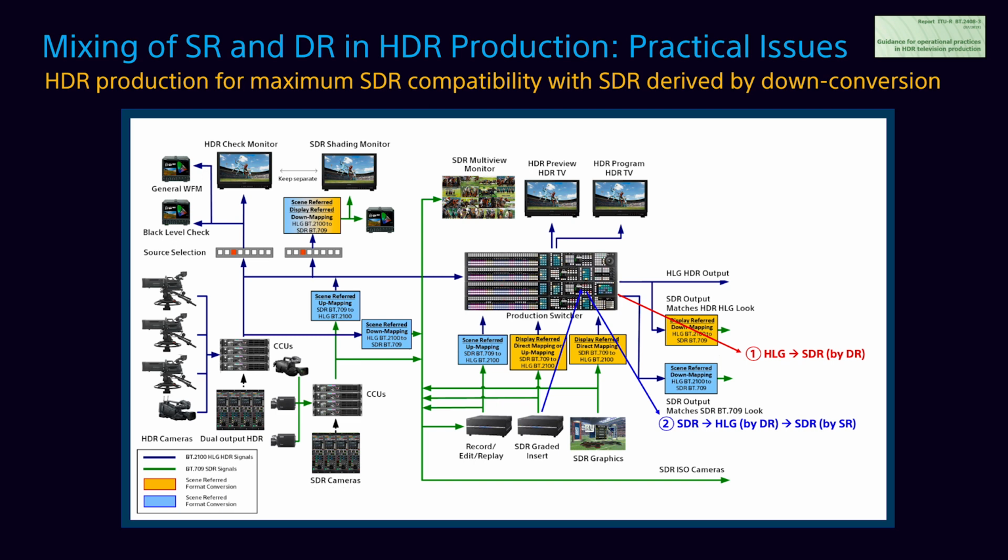The first one involves the creation of the SDR playout signal by using display referred down conversion from the HLG master program. In the second case, a graded graphic element, for example, is display referred converted into the HLG process. Then it gets down converted to SDI by a scene refer process, say for the creation of an ISO feed to share this content with other broadcasters.